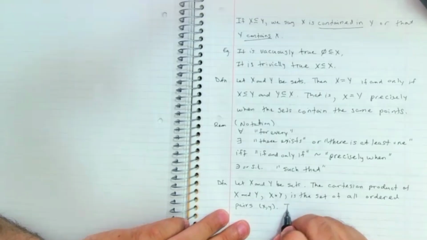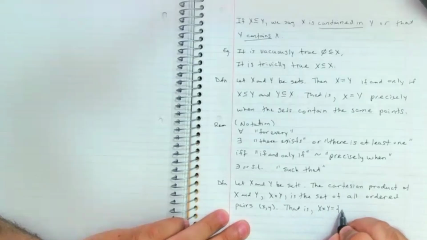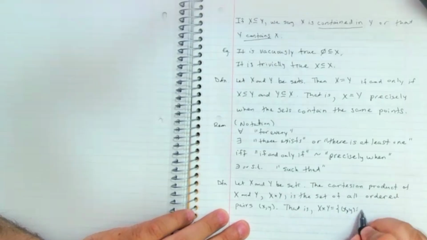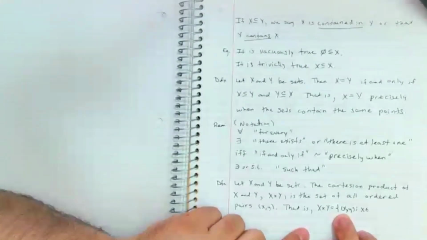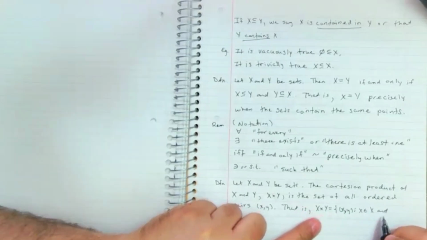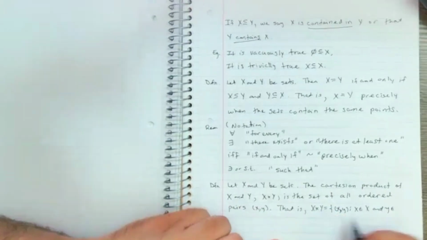That is, the Cartesian product of x and y is the set of all pairs x and y where the first point in the pair comes from the set on the left of the cross, and the second point in the pair comes from the set on the right of the cross.